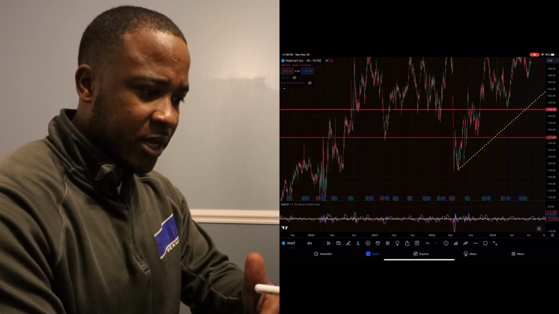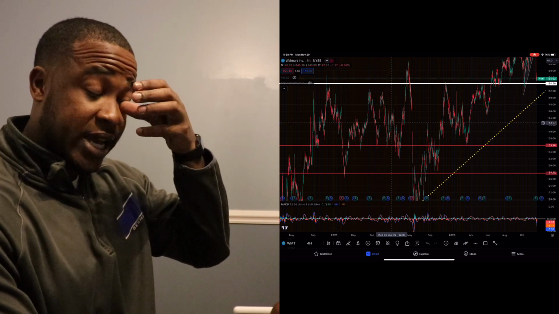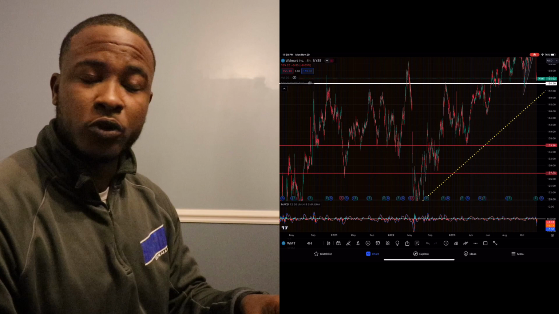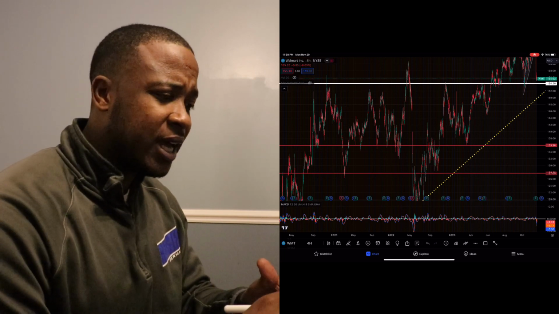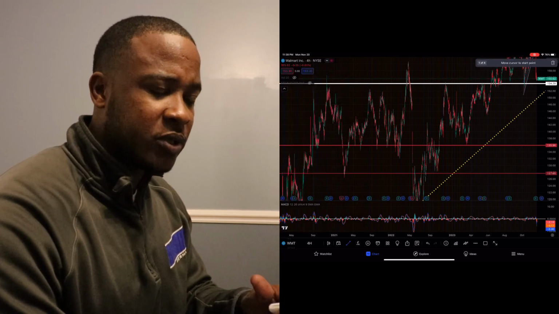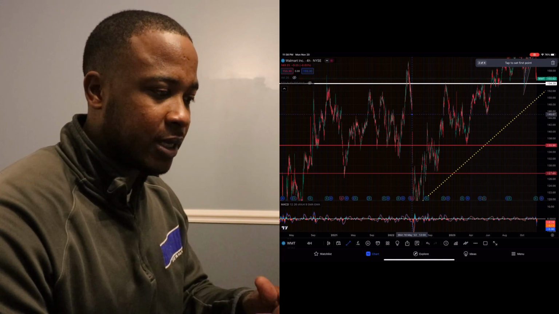Coming back up, you could zoom all the way down to your 1 minute chart, and you're still going to find little small support and resistance lines. You don't want to put too many lines on there because then it will be very confusing. But I do like to put my major support and resistance lines.